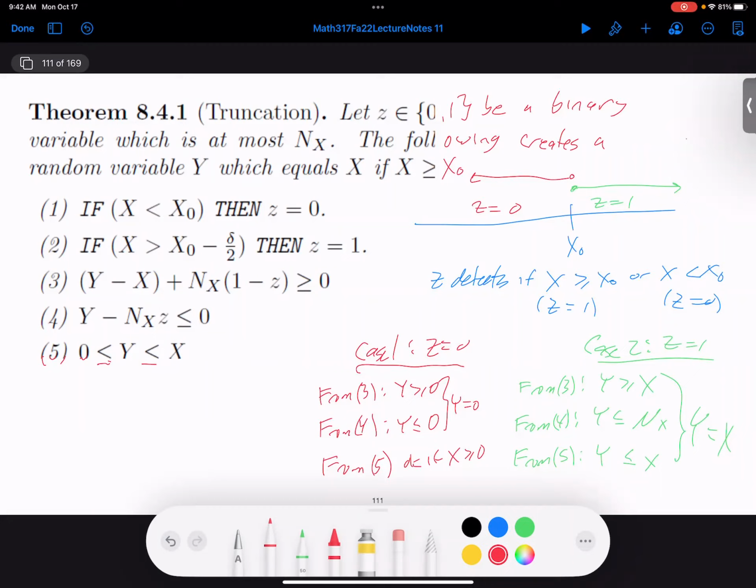Can you give me a situation in the real world where you might have something like this? So if the demand for a flight is at least a critical level, we're going to fly it.